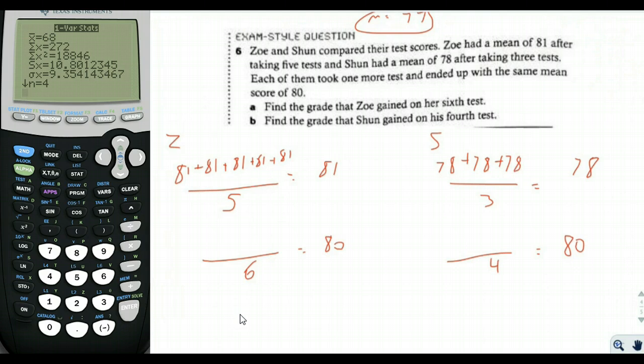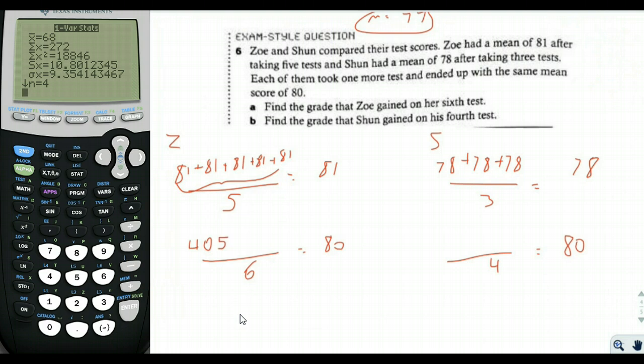So if you assume that the individual test scores are just the average test score, it makes it pretty easy to calculate the last one. The 6th test score you don't know, but the first 5 test scores are 81. So you just take 81 plus 81 plus 81, etc., and that gives you a total of 405.